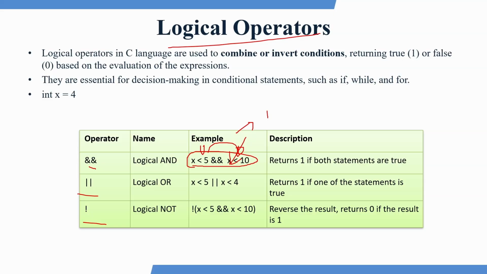Similarly, for the logical operator or, if both conditions are false, it will return false. If any one is true, it will return true. Not will reverse the result: if the result is 0 it will return 1, and if it is 1 it will return 0.